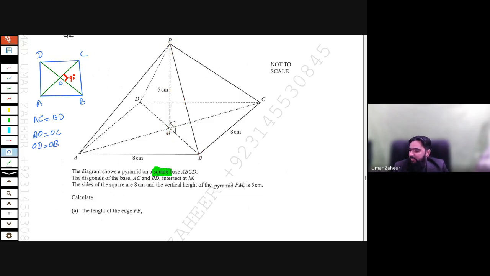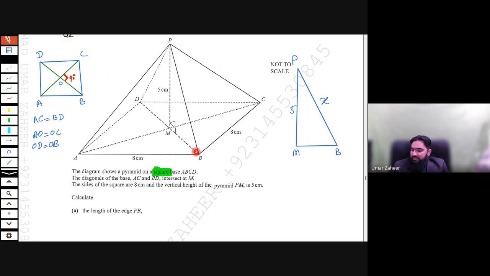So let's draw this triangle: P to B, M to B, B to P. We have P, M, and B, and this is the length that we need to find. It is 5 centimeters. Obviously, we need to find PM anyway.